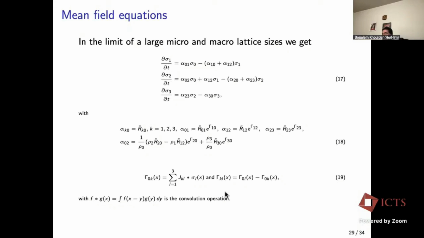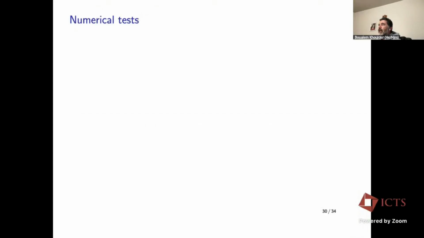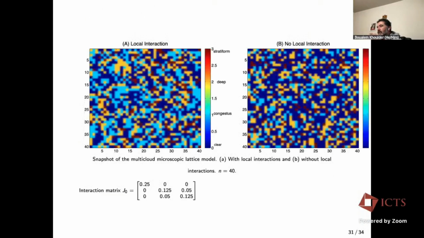But we can do some kind of approximations and write them down in a simpler way, and we can get some nonlinear equations. And in one paper, this is testing that model, with local interactions and without local interactions. You can see the difference here.